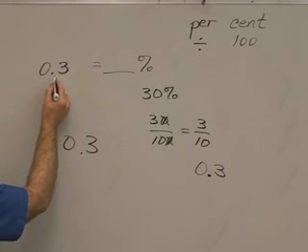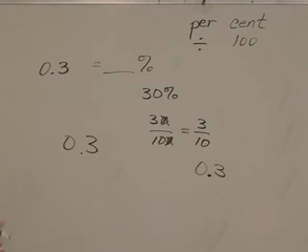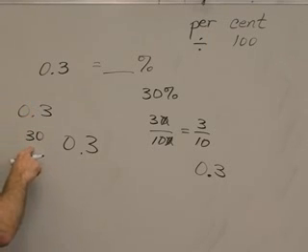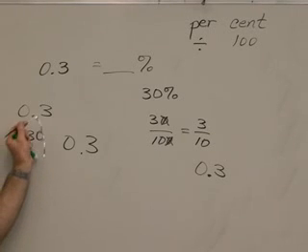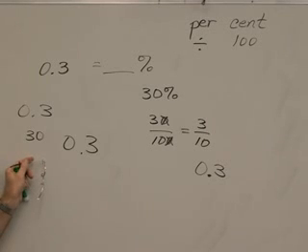When I move the decimal 2 places to the right, did I change that number? Is 0.3 the same as moving it 2 places to the right? Is this number the same as 30? 0.3, if you think it's the same, let's go percent. You owe me 30 cents, pay me $30, we'll call it even. Okay, they're not the same.